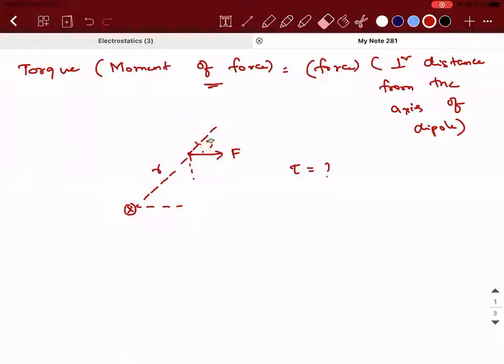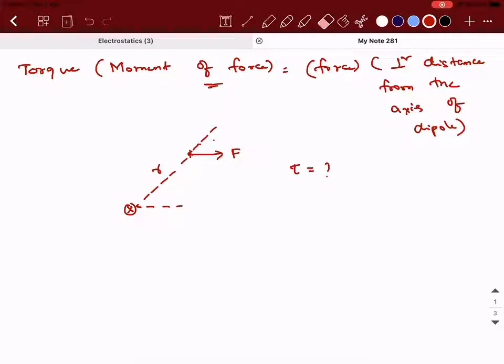No, that's not what the meaning is. What did I say? Force should be multiplied with the perpendicular distance from the axis of rotation. Right.